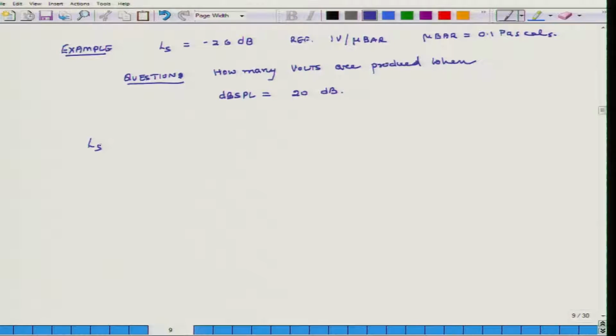So, Ls equals minus 26 decibels, and that equals 20 log of Y by Y ref. So, that gives me Y equals 10 to the power of minus 26 by 20, which is equal to 0.0501.